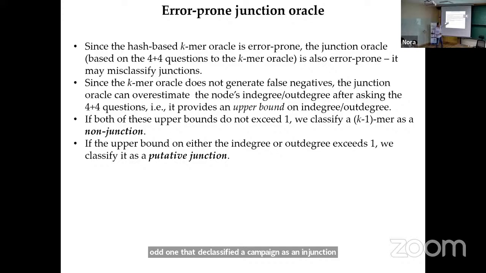And if the upper bound on either the out-degree or in-degree exceeds 1, we classify it as a junction.